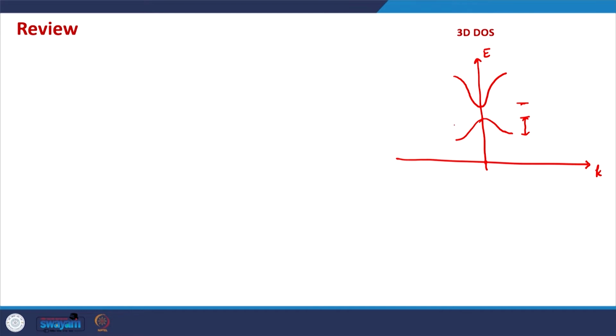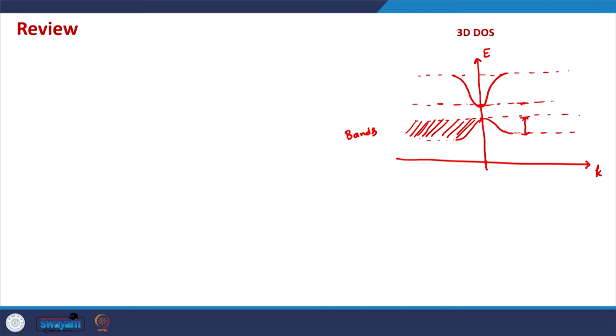Generally, if we have this kind of EK relationship in our band structure, it is represented as something like this. If we draw lines on the boundaries of allowed E values, then these energy ranges where electrons can be present, where electrons can take these energy values, are known as the electronic bands.